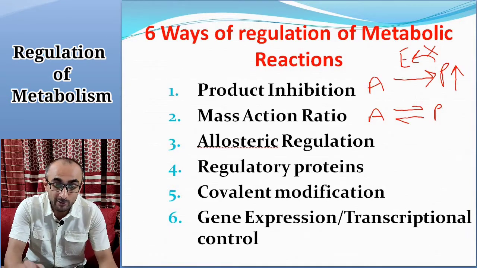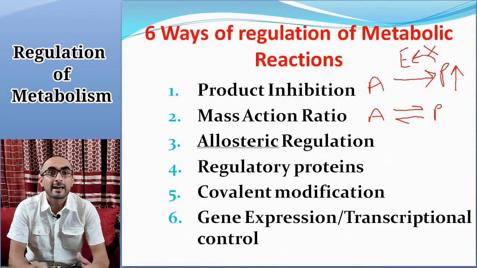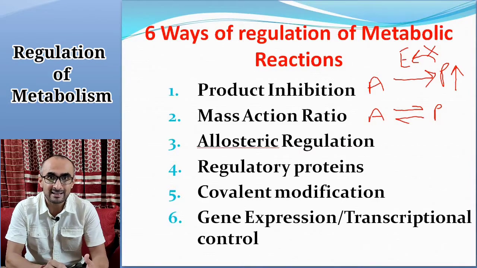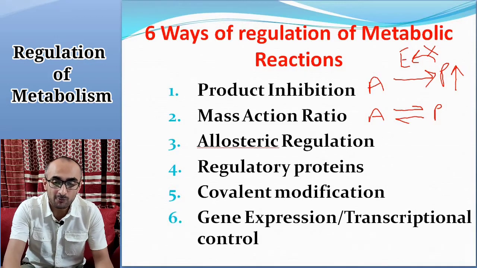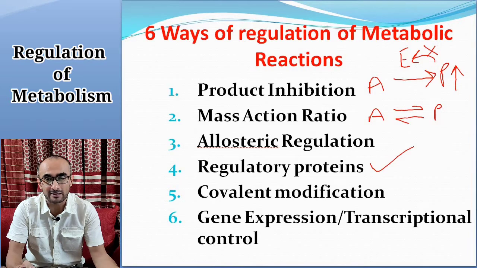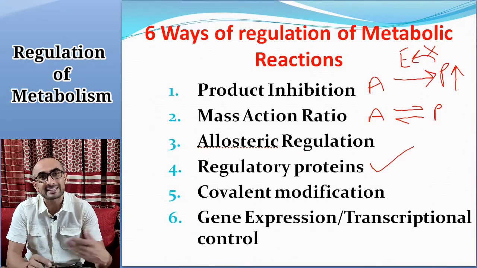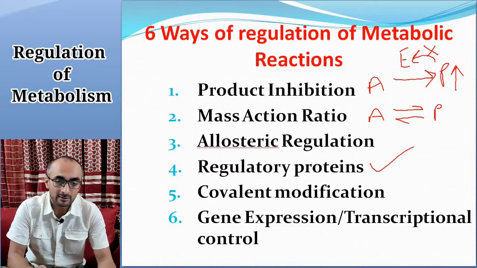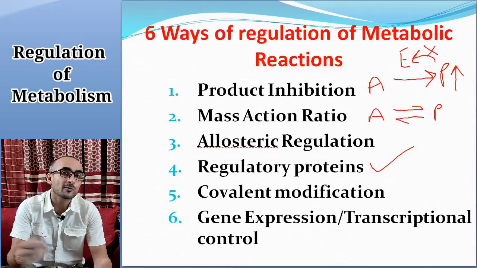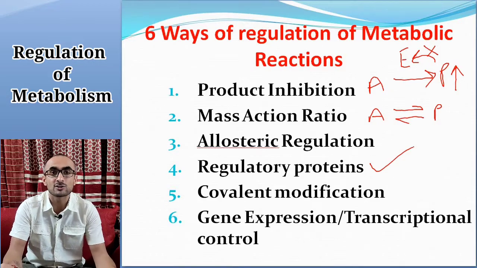Then there are regulatory proteins. As per the requirement of the cell, some proteins are synthesized which work as inhibitors for particular enzymes, and when these proteins are present in the cell, they bind to the enzyme and make it inactivated. Another method is covalent modification. The best example of covalent modification is phosphorylation.